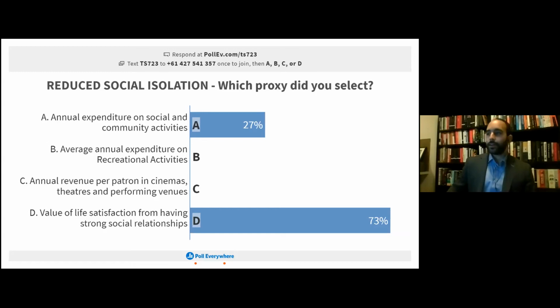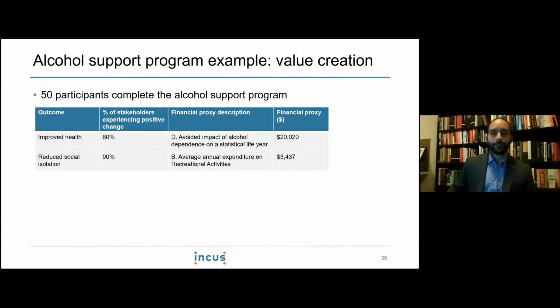All right, I will lock that and move on. So in this particular example, I just wanted to work through that and show what value creation might look like. Here I've got your improved health outcome and reduced social isolation for the 50 participants who've completed this program.